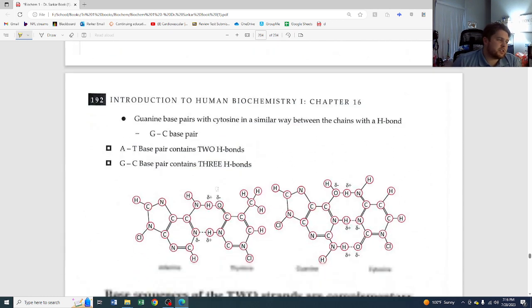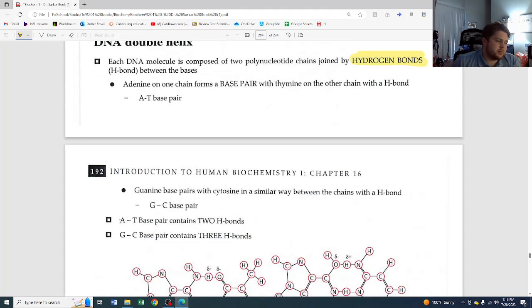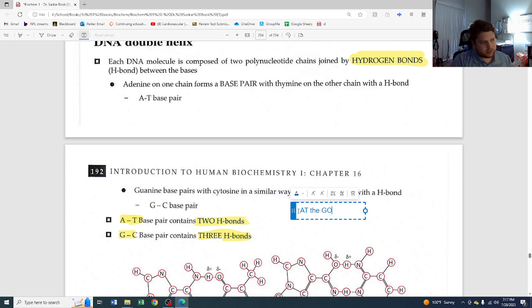Between the adenine and the thymine, you get 2 hydrogen bonds, and guanine to cytosine contains 3 hydrogen bonds. These are always going to pair together. A always goes to T, G always goes to C. A little mnemonic to remember this is at the golf course: A goes to T, G goes to C.